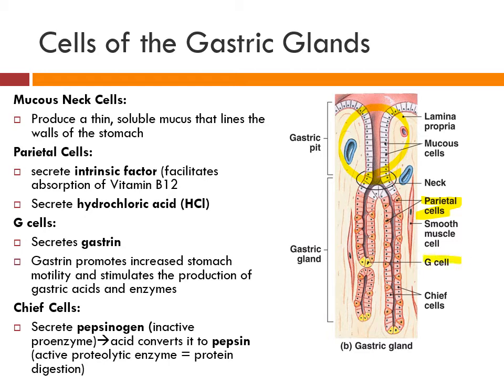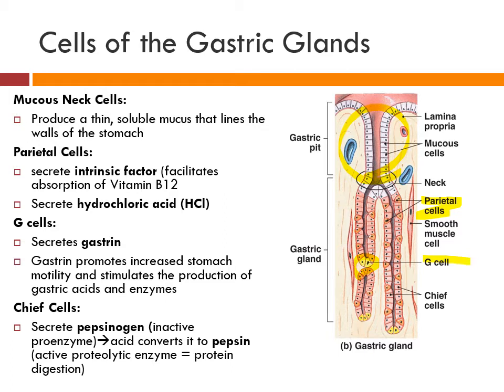The G cells, which are down here, secrete gastrin, and you can remember that: gastrin, G cells, G gastrin. And so gastrin promotes increased stomach motility and stimulates the production of gastric acid. So G cells, gastrin, gastric acid.